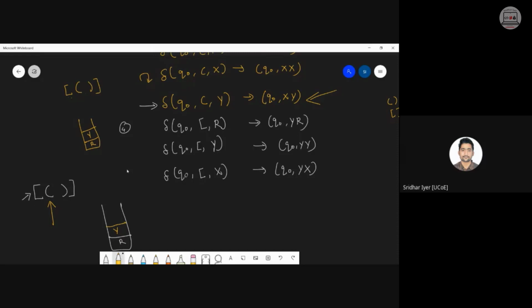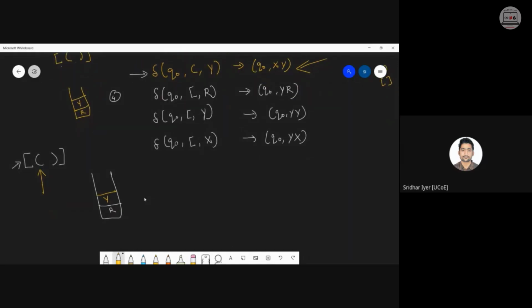Is the doubt like this? There was an initial opening square bracket, so I had pushed this y on top of the r.